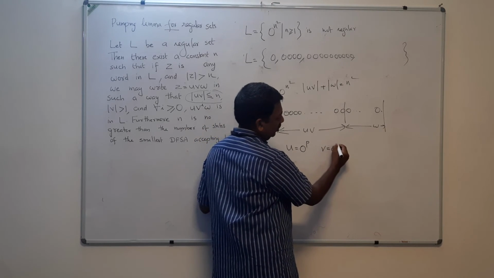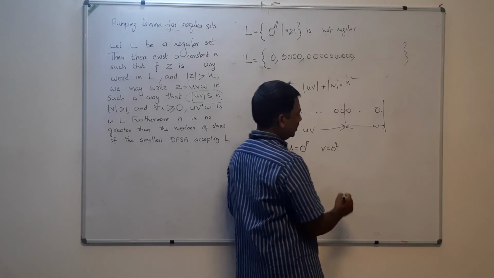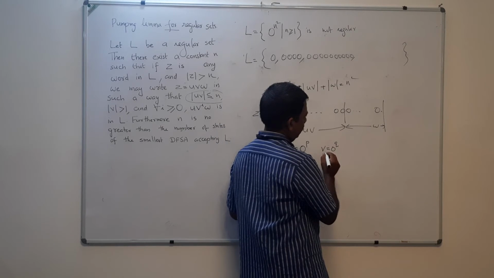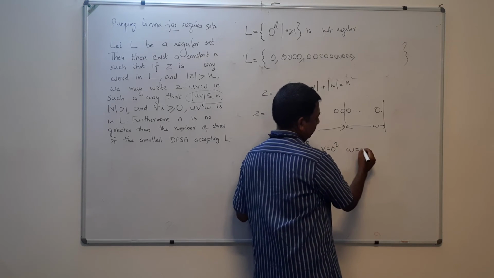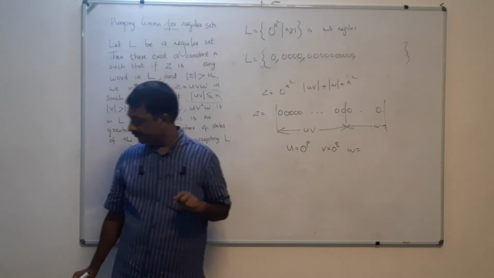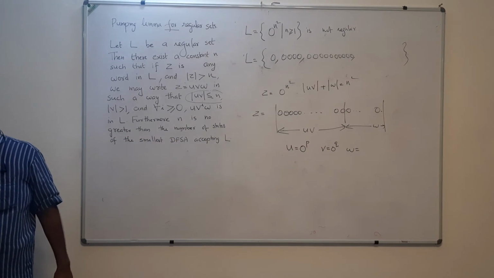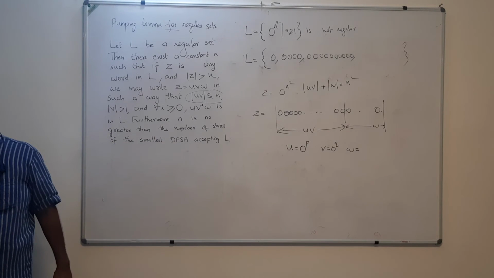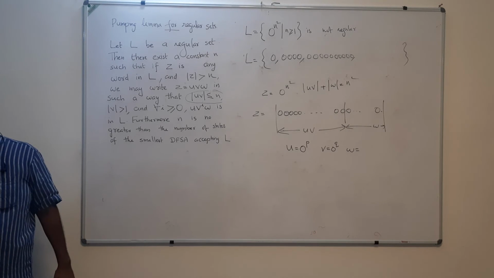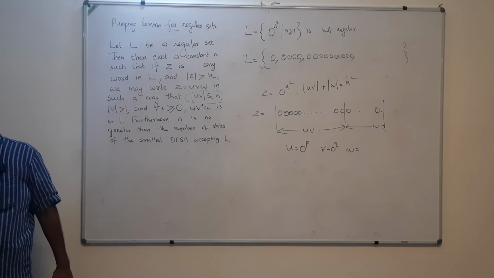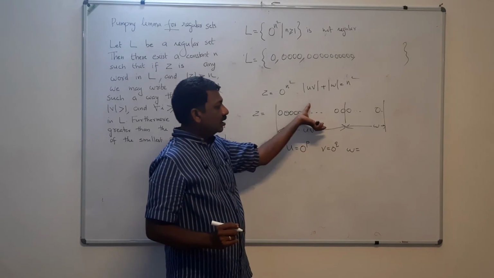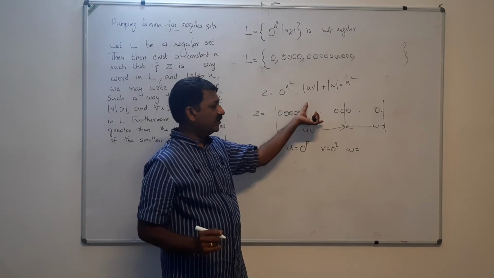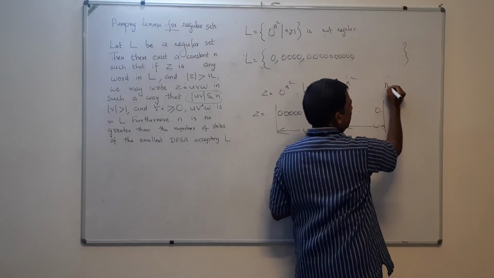v is having, say, q number of zeros, and suppose that w is having, say, there is a finite deterministic finite state automaton which is accepting this language, and the number of n is the number of states.